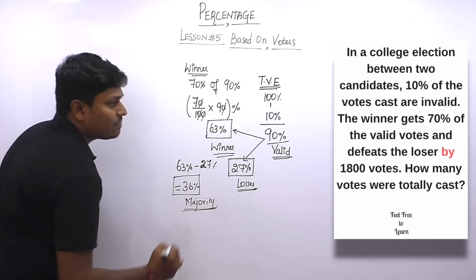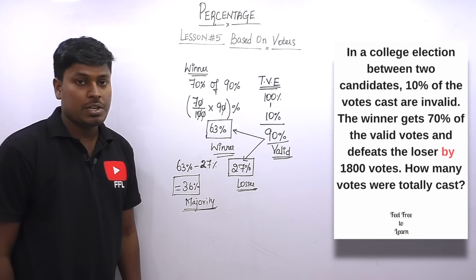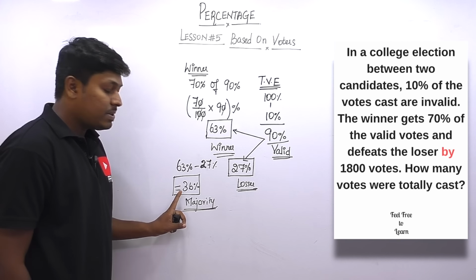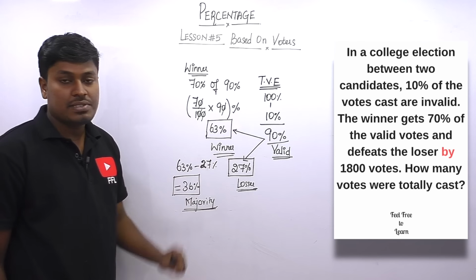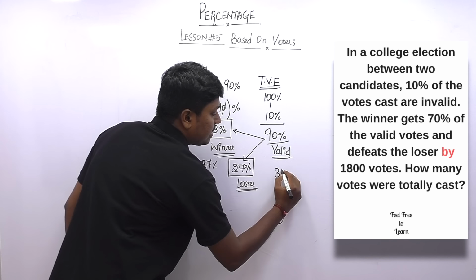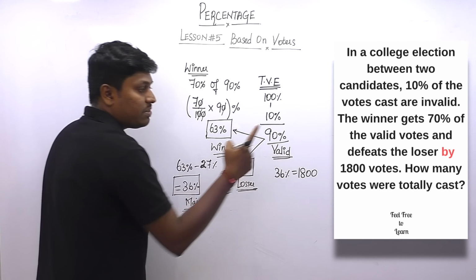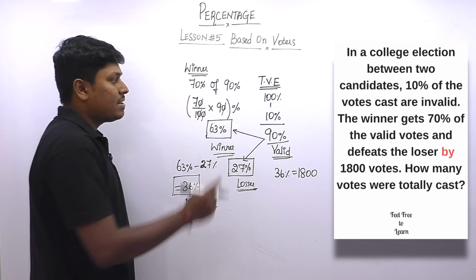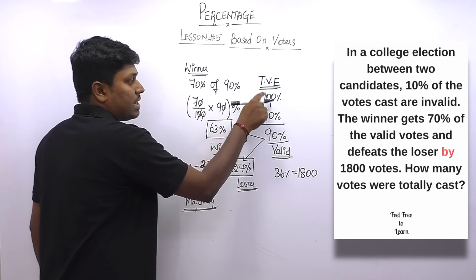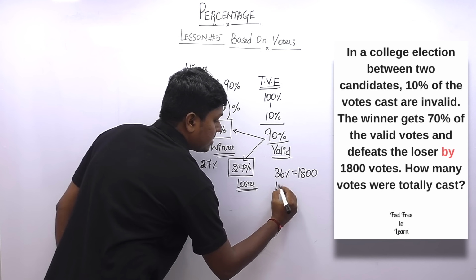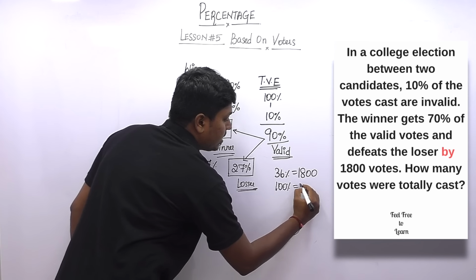So what is our target, friends? Our target is to find the total number of votes cast, and we know that the majority 36% is 1800. So we can say that 36% is equal to 1800. We already know the total number of votes enrolled is always 100%. So 100% is equal to x.